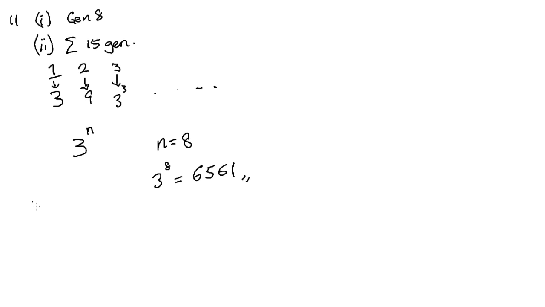Part 2, I need to find the sum of 15 generations, the first 15 generations. So it is again a sum to 15 from 1 of 3 to the power of n. In this kind of calculation, we have to consider what kind of sequence this is.